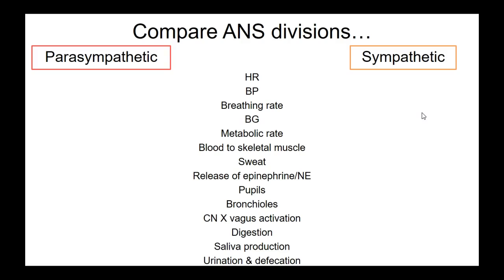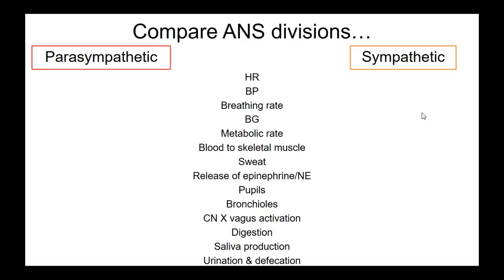We're storing more glucose, and every time we store glucose, it's generally in the form of glycogen. Blood glucose for sympathetic should be going up. Remember, we're increasing blood flow to skeletal muscle, heart, and brain. In order to do all the ATP production, we need glucose and oxygen for aerobic respiration.